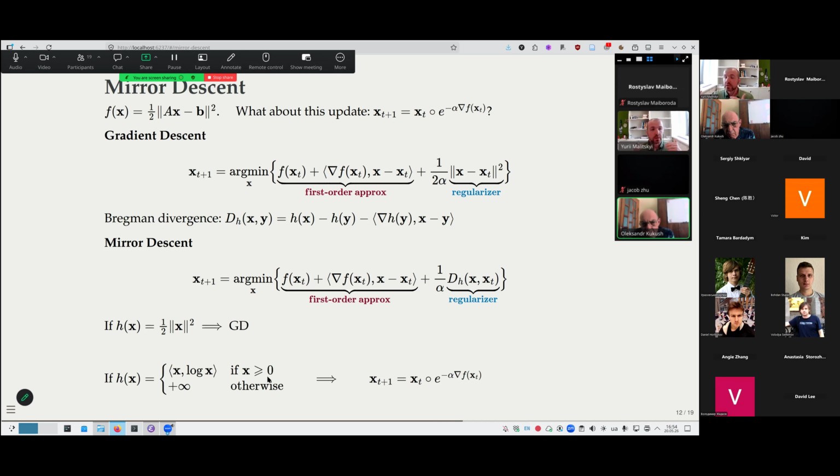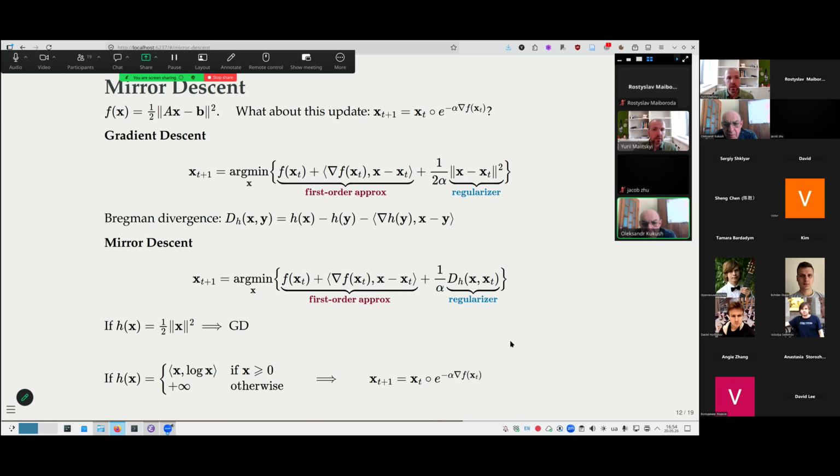You could consider it over the unit simplex, and it would be a slightly different algorithm. And for this, you have this algorithm. It's actually pretty interesting that just by changing this, you have a different kind of update here. So the update here is, again, clear. You need to solve this unconstrained minimization problem. You solve it and you obtain this update. So this is just very standard.